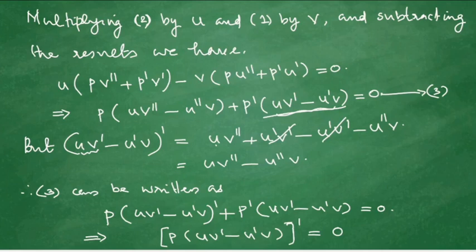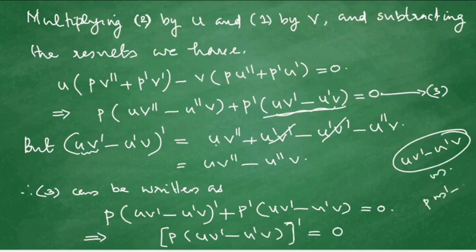So equation number 3 can be rewritten as p into the derivative of (u v dash minus u dash v) plus p dash into (u v dash minus u dash v) equal to 0. If we call u v dash minus u dash v by another function, say m, then we have p m dash plus p dash m equal to 0.